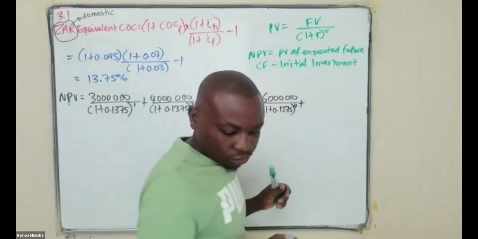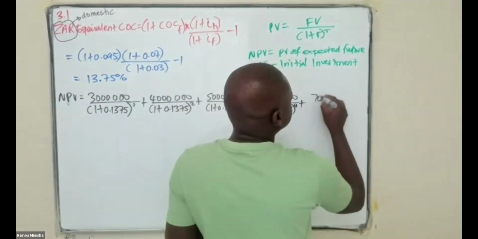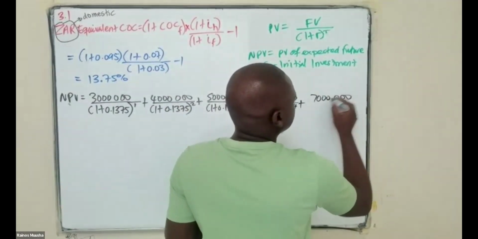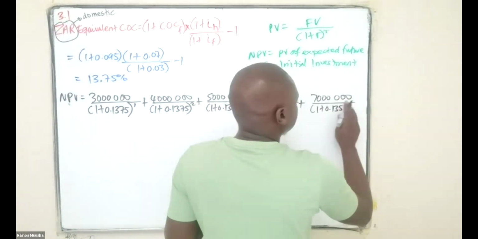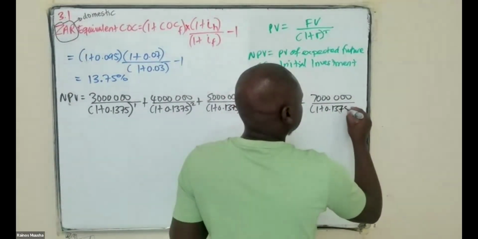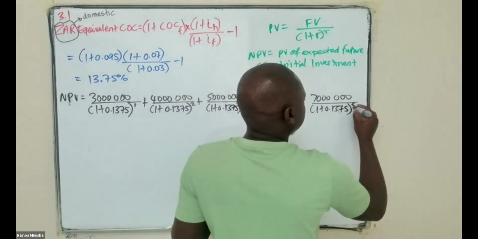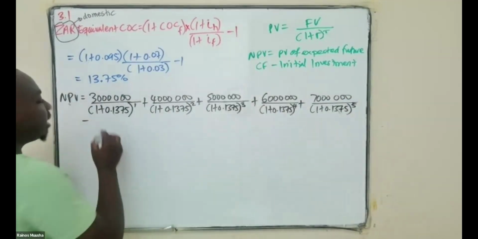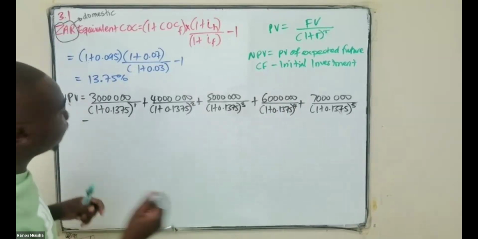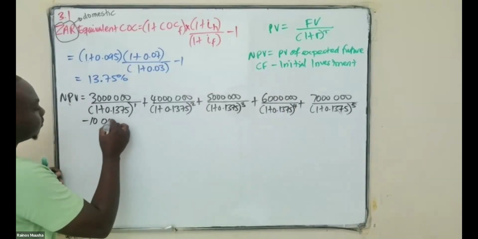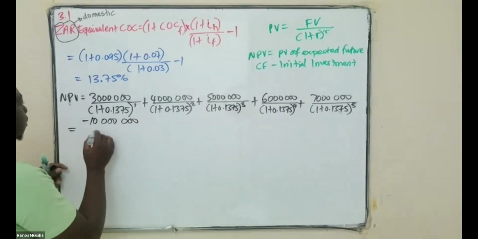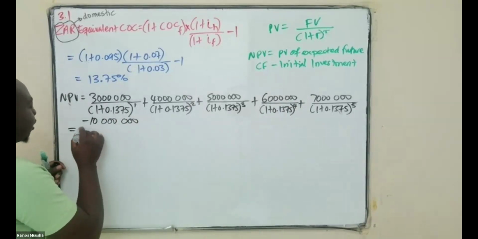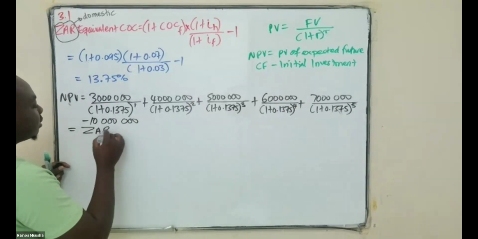And the last cash flow is 7 million. Then minus the initial investment, which is 10 million. And how much do we get as the net present value in ZAR?